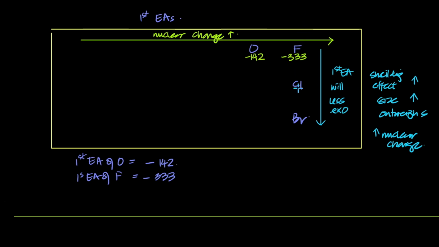So the values for group 7 down the group, and you don't have to learn these values, show that there is an anomaly for fluorine and we ignore that. But generally speaking, the values start decreasing. So chlorine is minus 348, bromine is minus 340, and the guy below that is iodine, about minus 297.